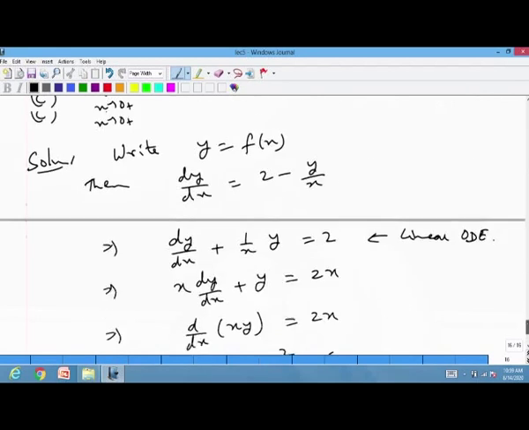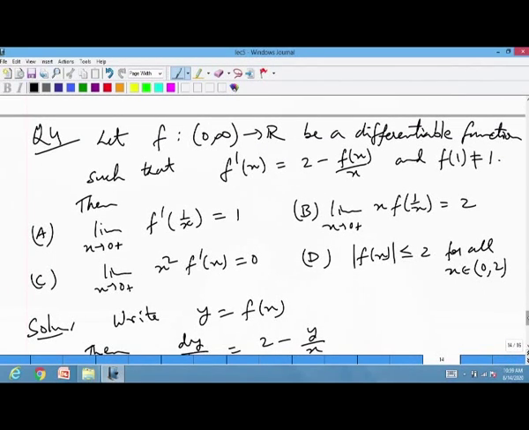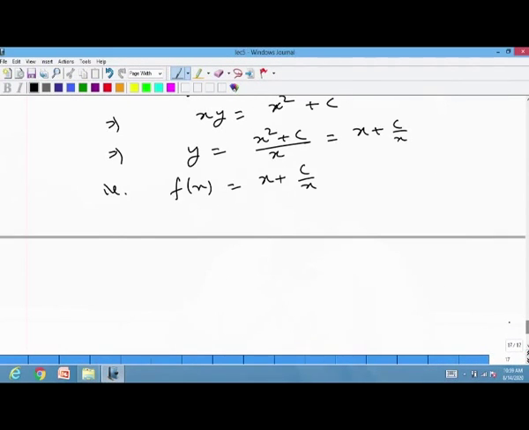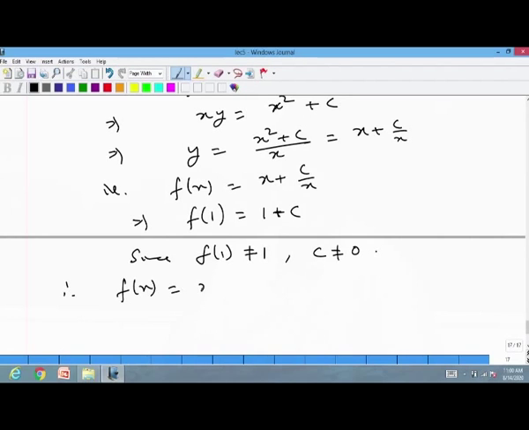Now, we are given one more condition, that f of 1 is not equal to 1. So, this implies f of 1 is equal to 1 plus c, and since f of 1 is not equal to 1, we get c is not equal to 0. So, therefore, we have f of x is x plus c by x for some c not equal to 0.